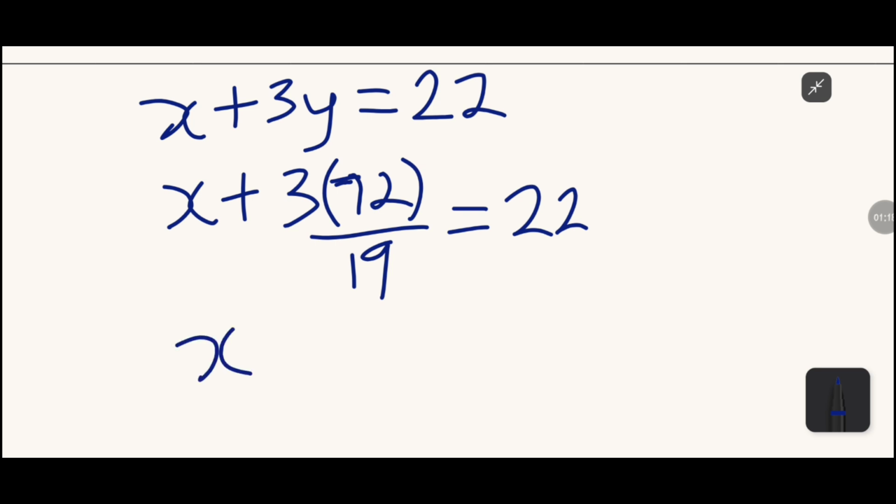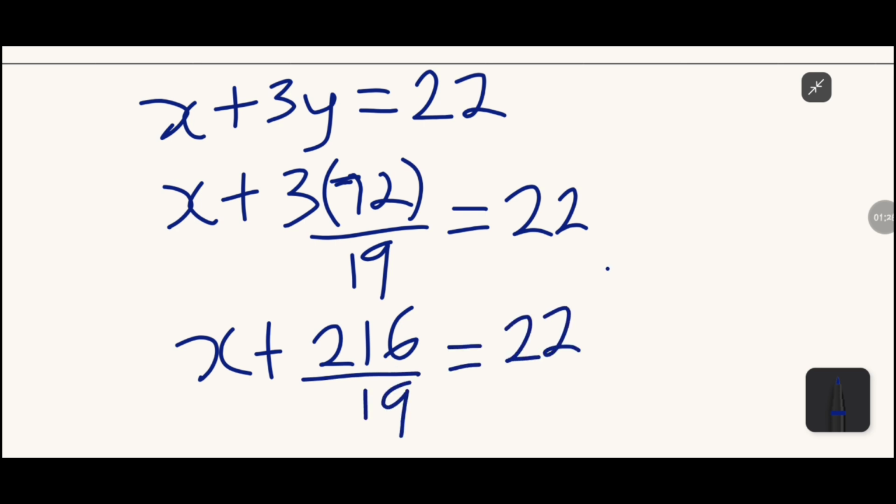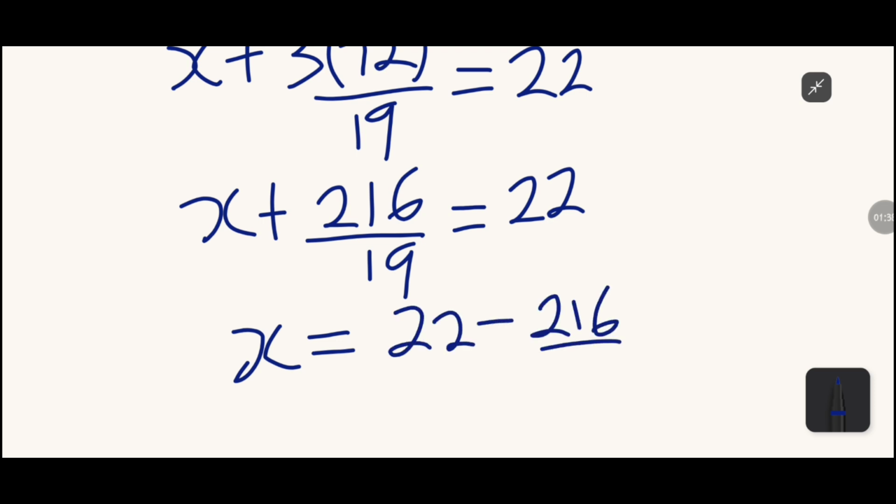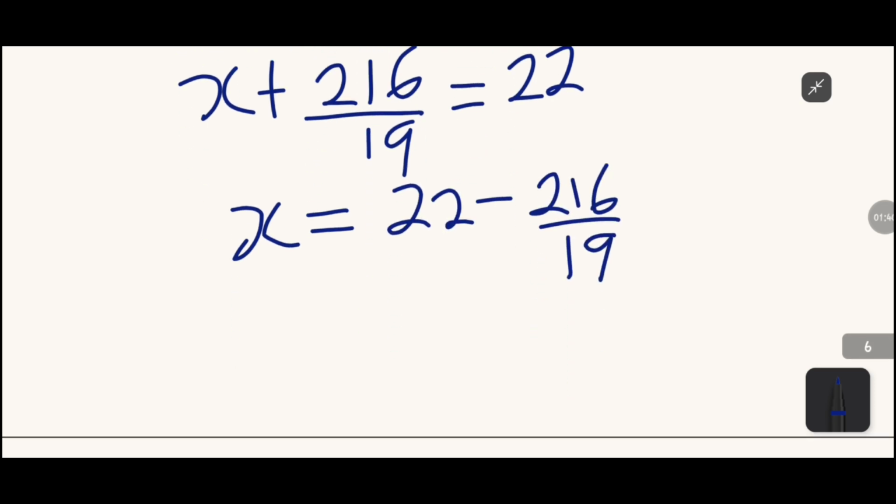So this is x plus 216 over 19 is equal to 22. So taking 216 over 19 to the right hand side, we have x is equal to 22 minus 216 over 19.